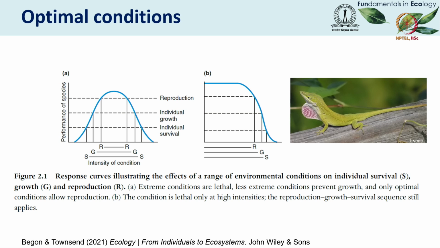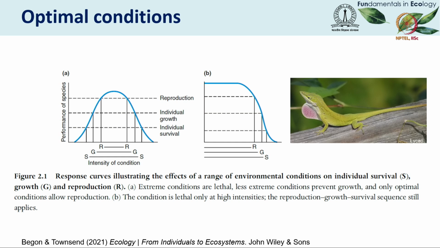And what you're measuring is how the survival rate, the growth rate, and the reproduction rate of this species vary across a temperature gradient. This curve shows that there is a certain optimal temperature for this particular species of lizard. At that optimal temperature, in the middle of that bell curve, reproduction rate, growth rate, and survival rate are all highest.